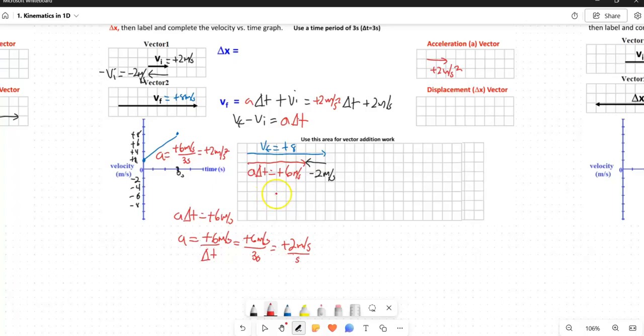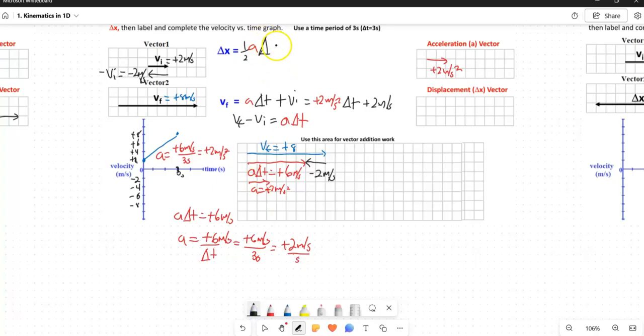So in other words, this is our acceleration vector, a. So that's going to be positive 2 meters per second squared, right? Okay, for the displacement vector, every time I do this, I have to write it out. So it's going to be 1/2 the acceleration vector, and this is going to be delta t.